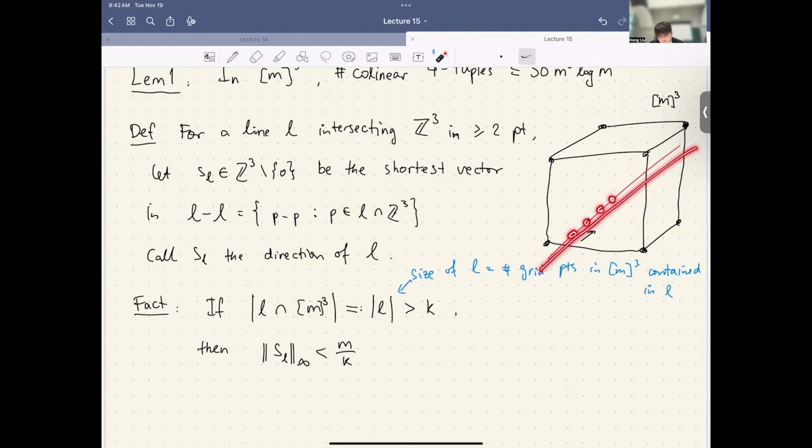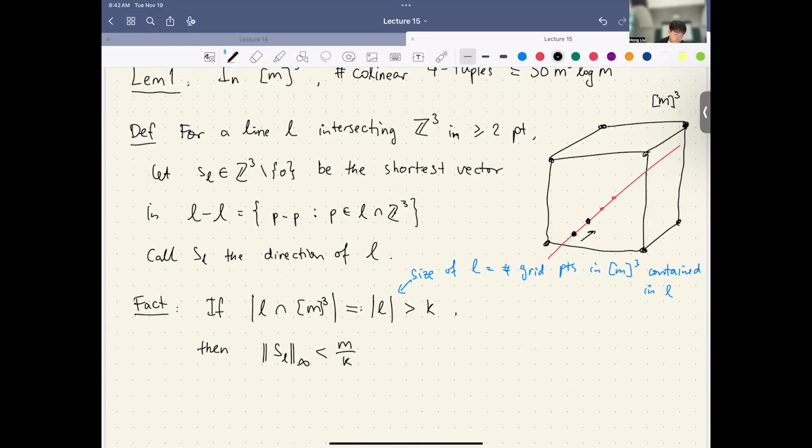Suppose not. If this direction contains a coordinate larger than m over k, then you start with a starting point, you step less than k times, k steps, you will go out of the cube in this direction. So you cannot contain more than k points. Okay, this is simple.